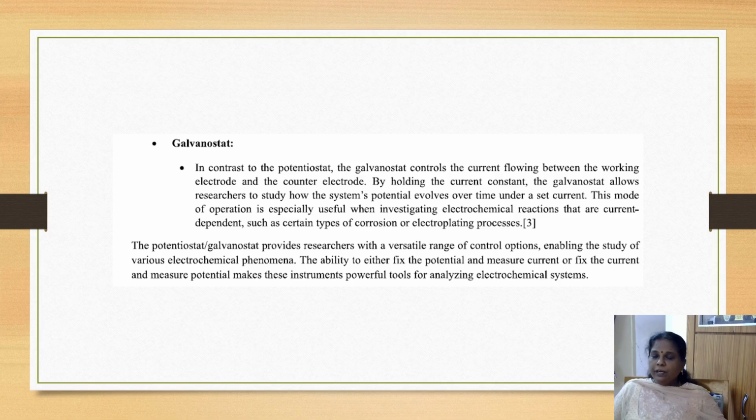By holding the current constant, the galvanostat allows us to study how the system's potential evolves over time under a constant current. This mode of operation is especially useful when investigating electrochemical reactions that are current dependent, such as those used in corrosion or electroplating processes.